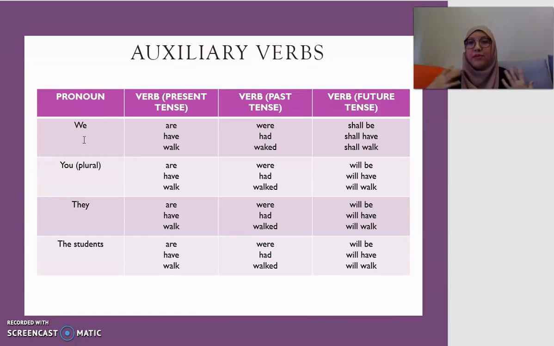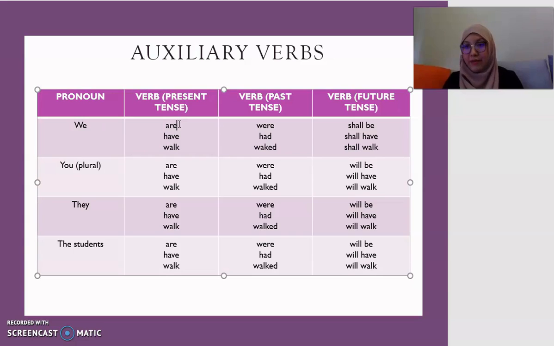We. When a group of you want to talk about we, you use we are. We are having breakfast right now, present tense. We have followed the rules today. We walk every morning, for example. And for you, plural, many of them: you're talking about you, but a group of people.